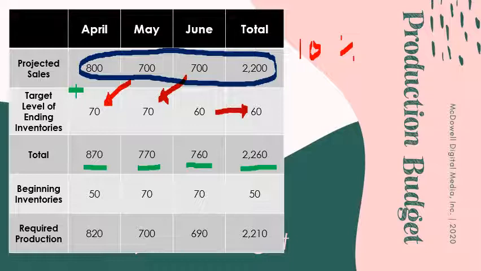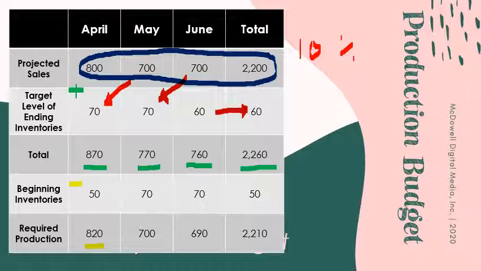Okay? So, you have here 50 as your beginning inventories. So, 870 minus 50, you have here 820.